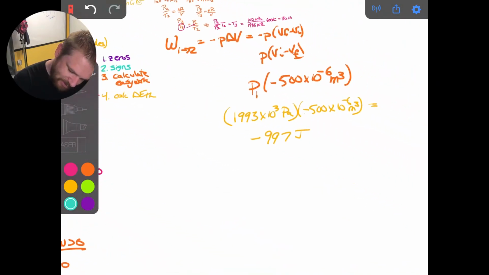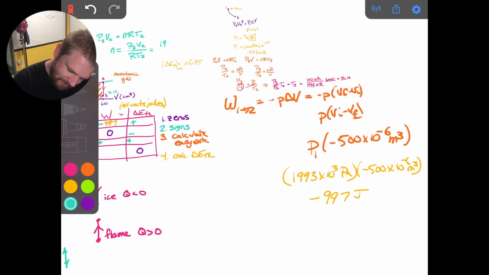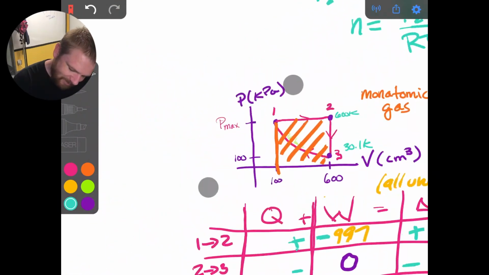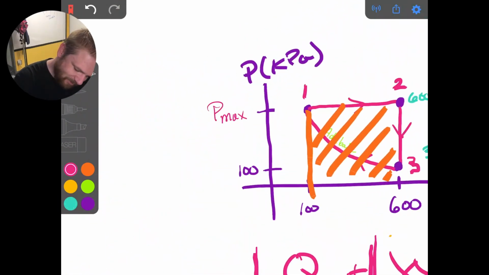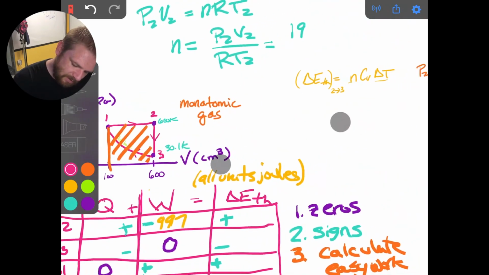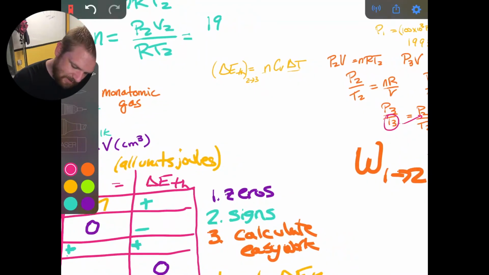I didn't write it down when I should have over there. I'm going to go ahead and label this on our diagram so we don't forget it. And that's in kilopascals, not to forget here.